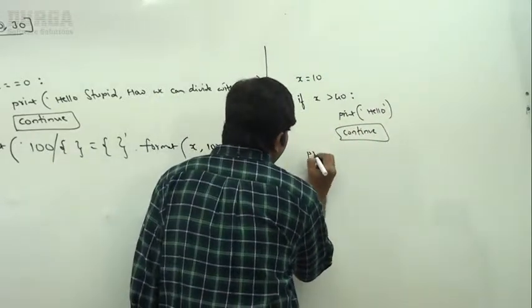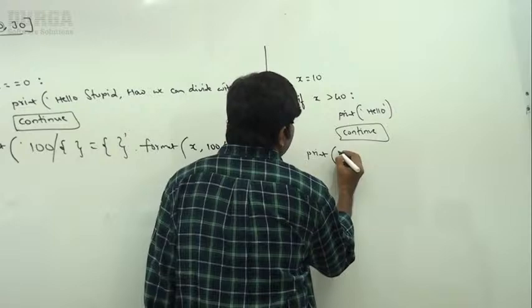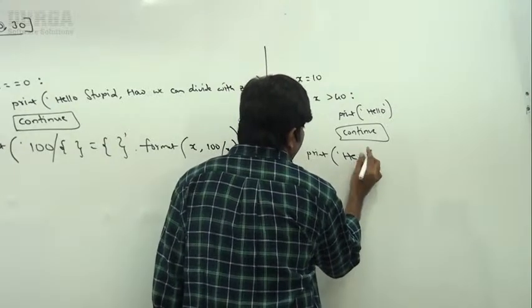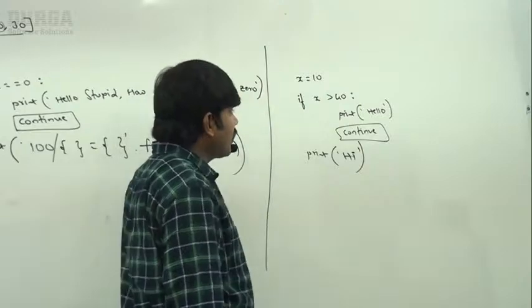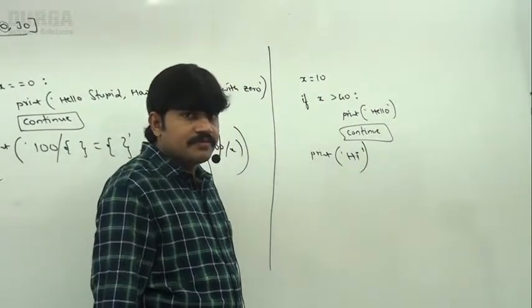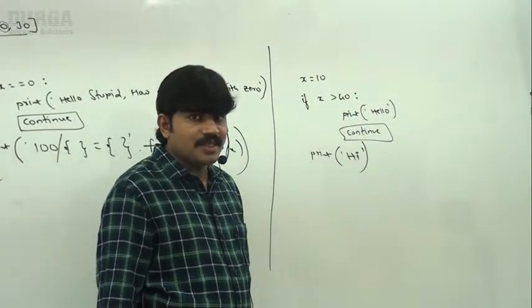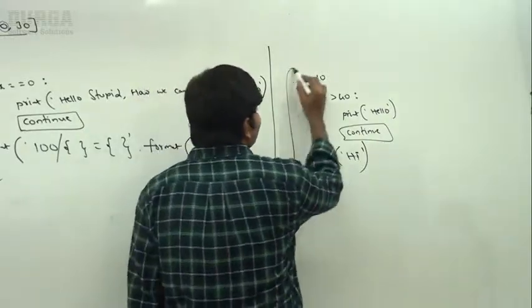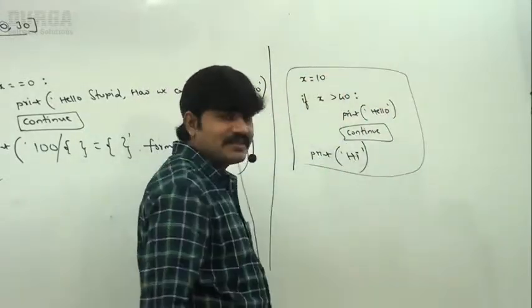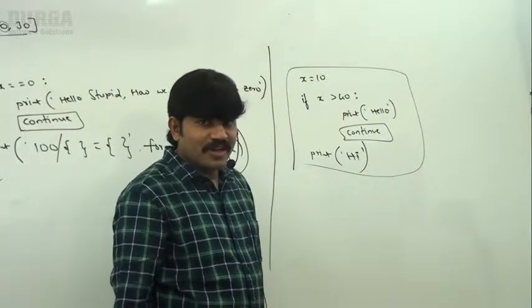Next, if x is not greater than 40, print hi. Just trying to print hi, sir. That's all. Can you please confirm what output we are going to get? It is a small code, a matter of 4 or 5 lines. What output are we going to get?